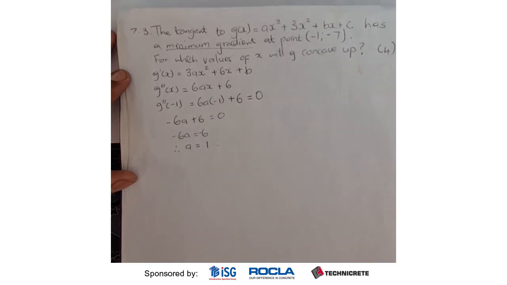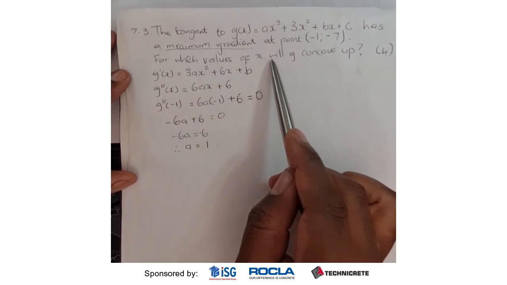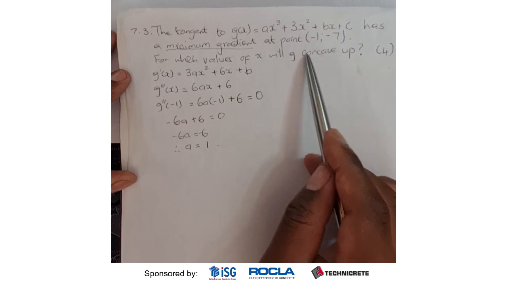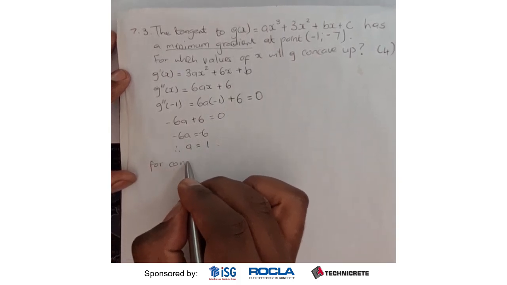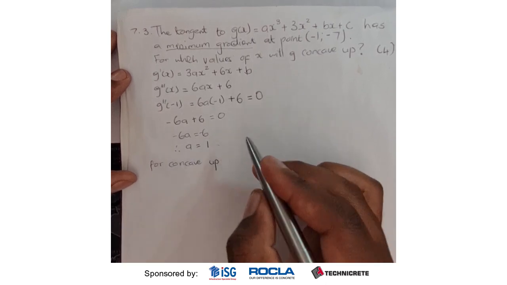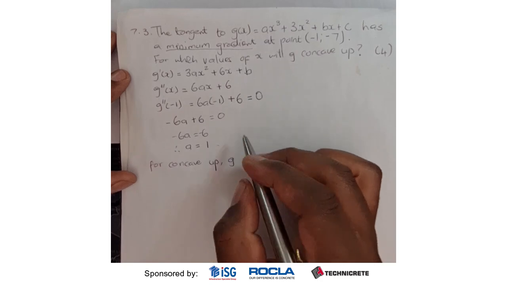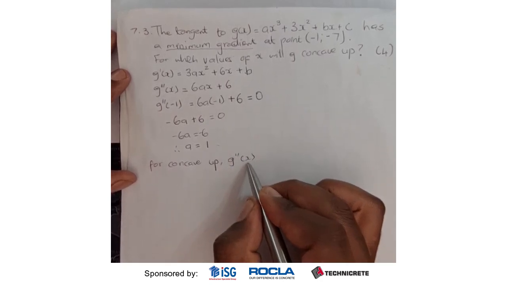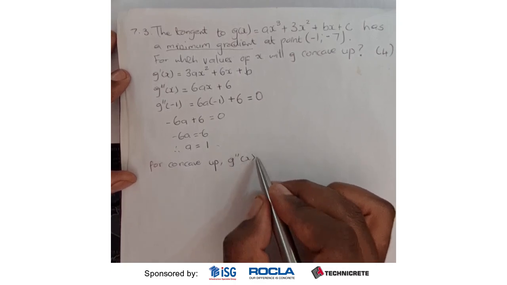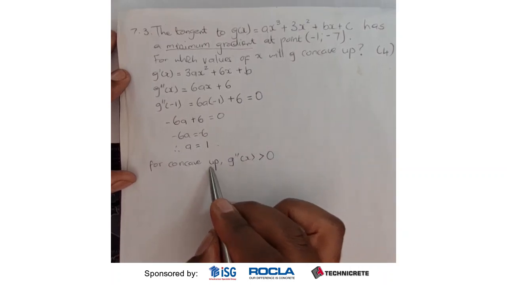Right. So we're looking for the values of x where g will be concave up. So for concave up, we will need to find for what values of x the double differential of g of x is greater than 0, because it's for concave up.